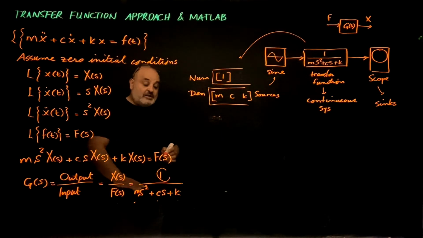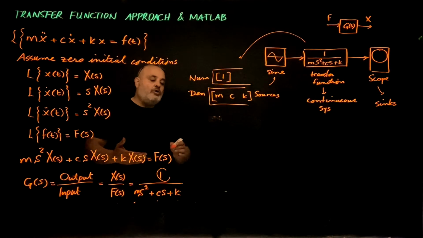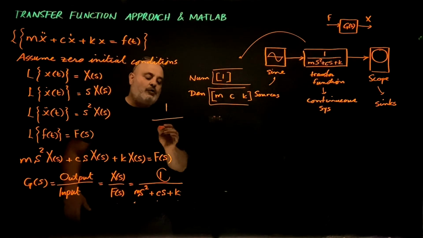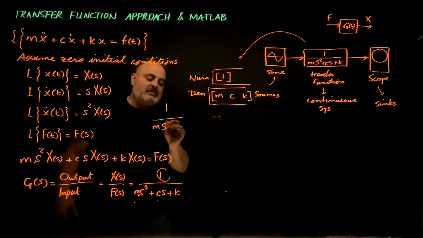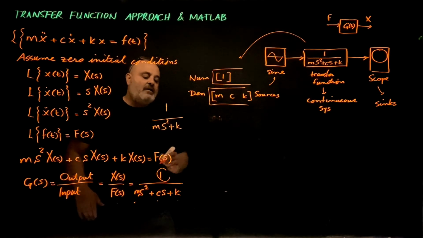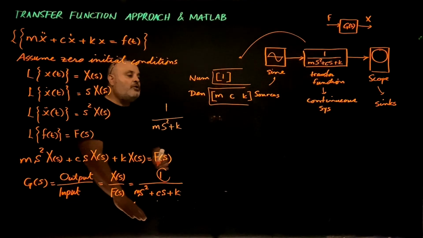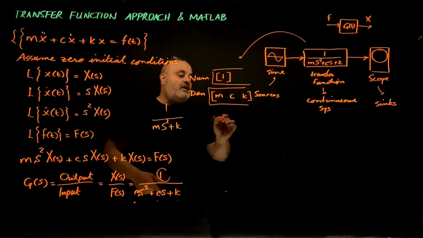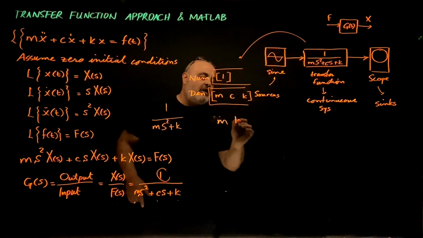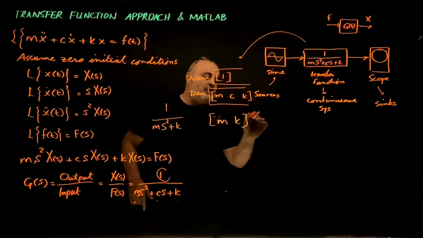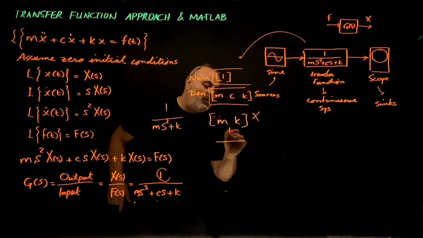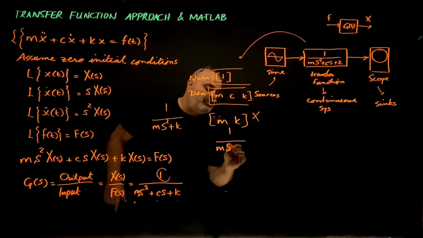Now pay attention to something, that you have to input all the orders of s. For example, if your system is undamped and you only have a transfer function of 1 over m s squared plus k, that's when the damping is 0, what you input here is not m, k. This is wrong because it will show you 1 over m s plus k.